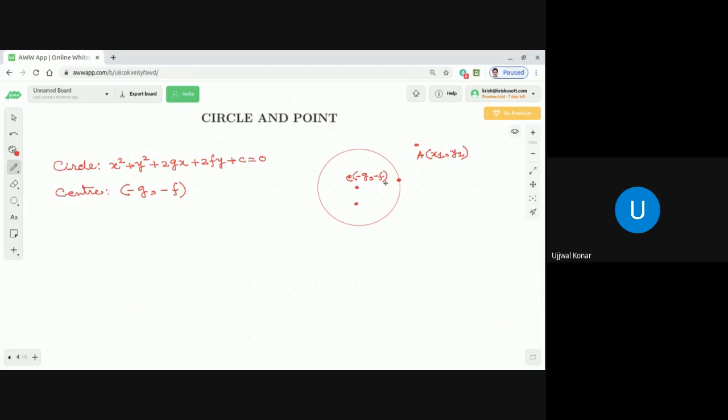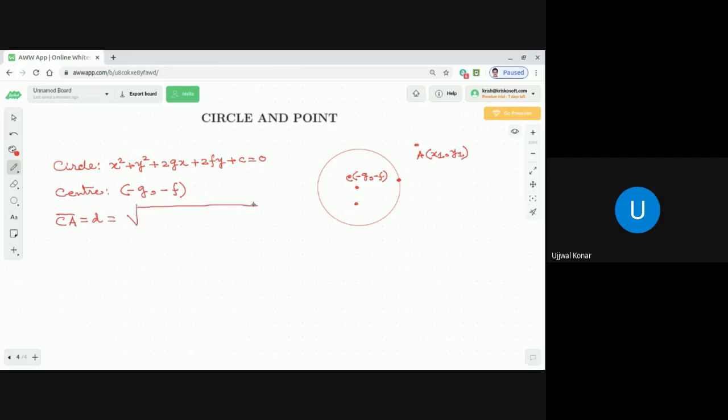Now what we are going to do is find the distance between C and A. What is the distance between C and A? Suppose we define that distance as D. So what will be the value of D?